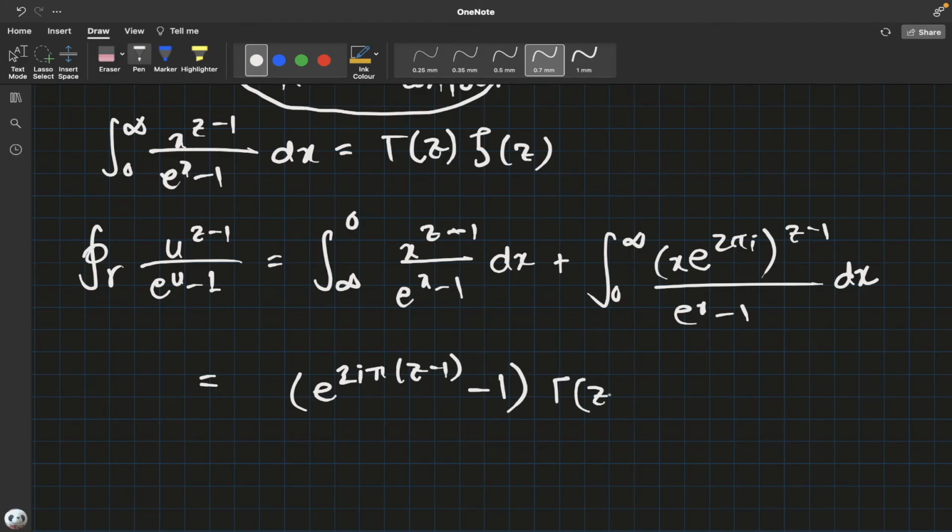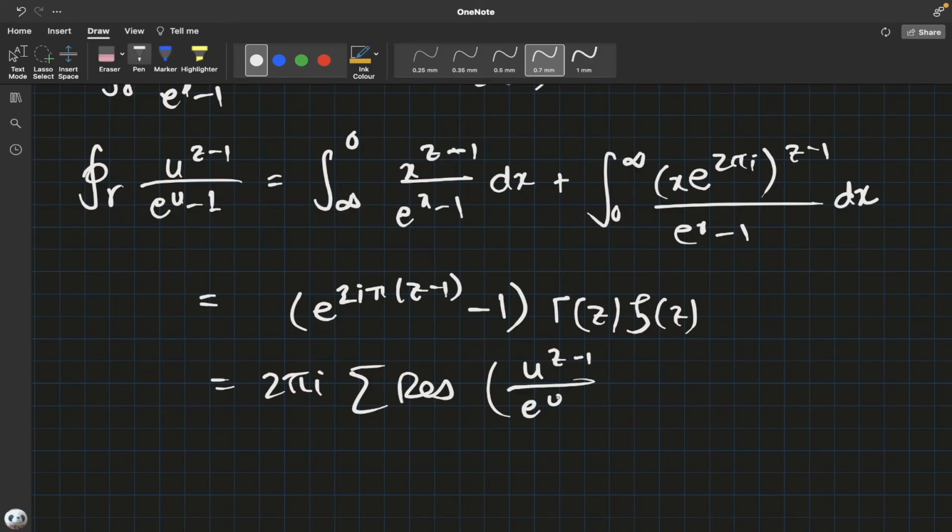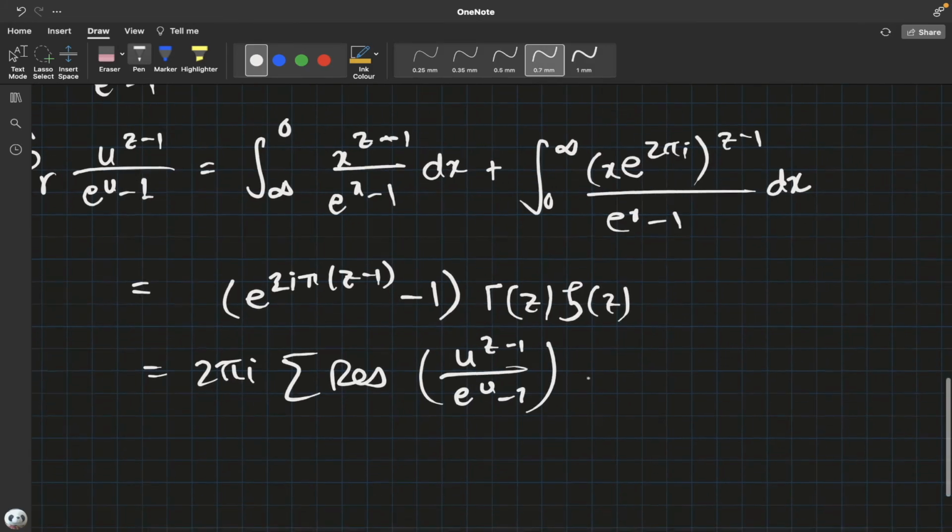So that's gamma of z times Riemann zeta of z is equal to 2 pi i times the sum of residues of u to the z minus 1 over e to the u minus 1. And as I said, there are infinitely many of those.